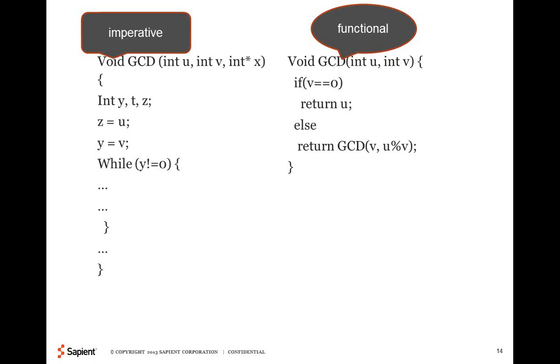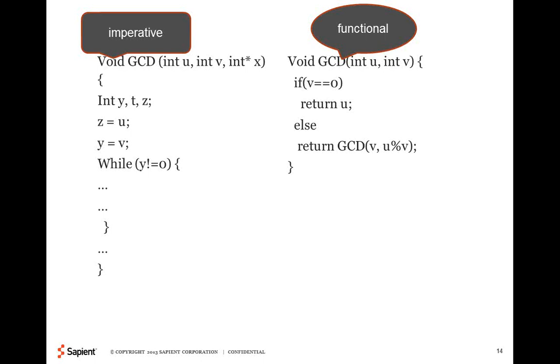It's C++ code, and you can see how it goes with Y, T, Z. There are some assignments and whiles, then a loop based upon a condition, and then we perform some steps. So this is imperative style. If you look at the right-hand side of the screen, there is a functional style of solving the same problem, and you can see how concise it is.